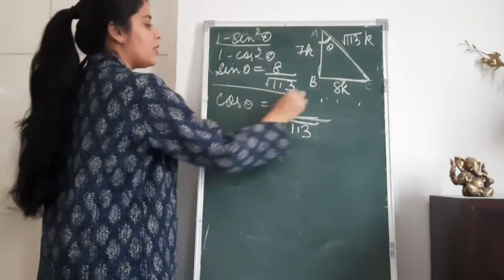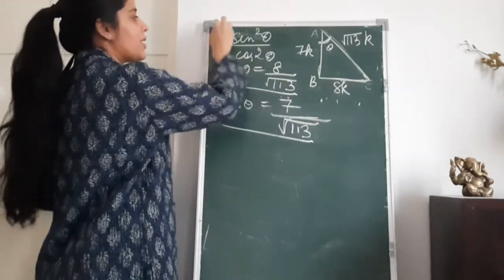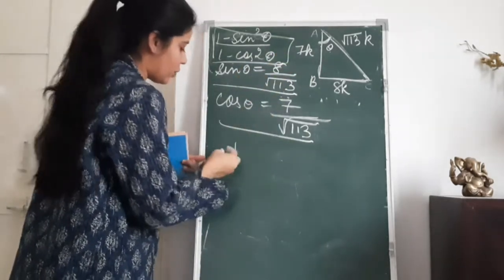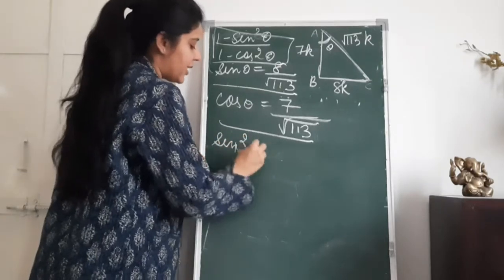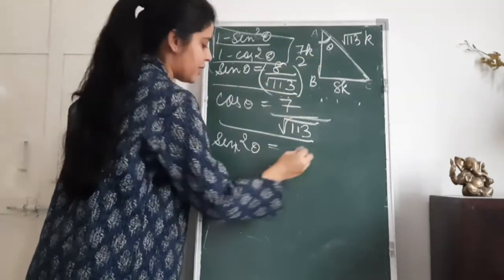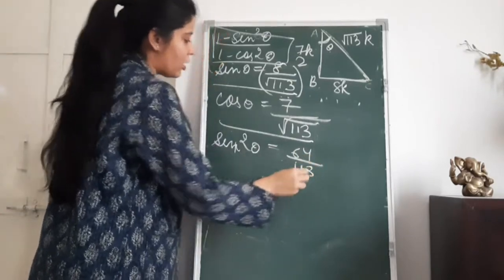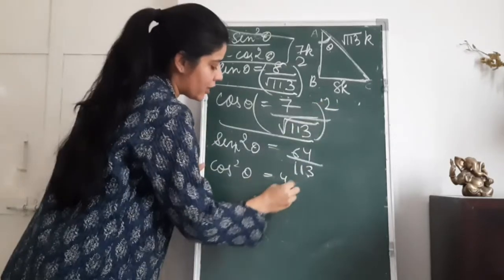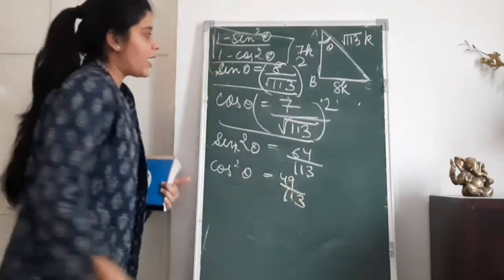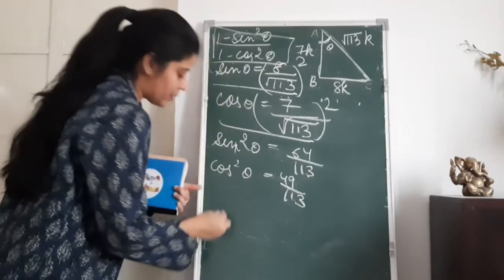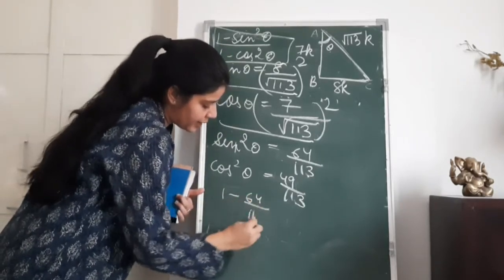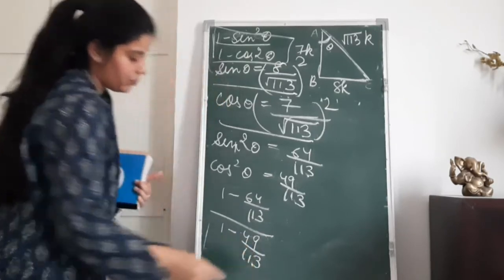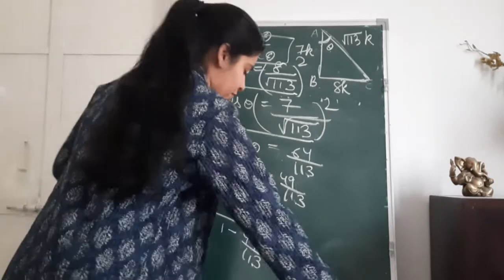Now, both these values will be put in this equation because this is what we have to find. Then what will be sin square theta equal to? Sin square theta is going to be equal to the square of this, that is 64 upon 113, and cos square theta is going to be equal to the square of this, that is 49 upon 113. Okay? Now let's put these values. 1 minus 64 upon 113 upon 1 minus 49 upon 113. Right? What will this be equal to?